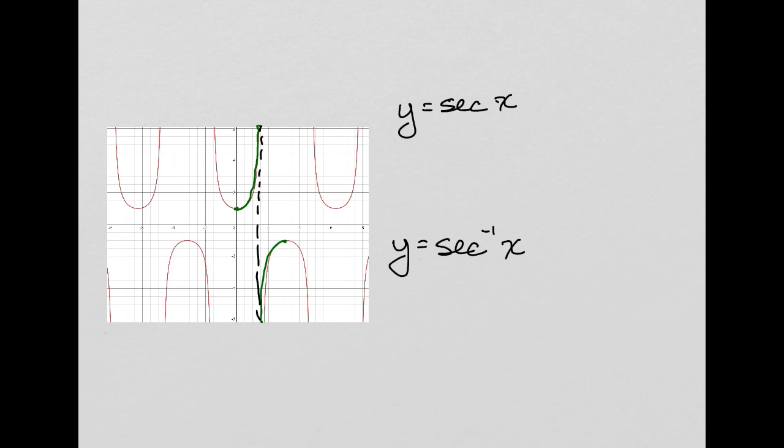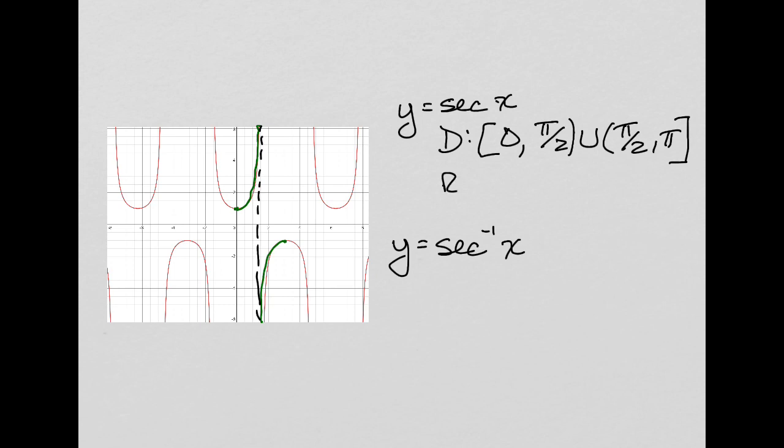So if I limit the domain of the secant function to 0 to, we'll step over that asymptote at pi over 2, start up again on the other side and go to pi. That's really similar to what we did, 0 to pi for the cosine function. That's quadrants 1 and 2.